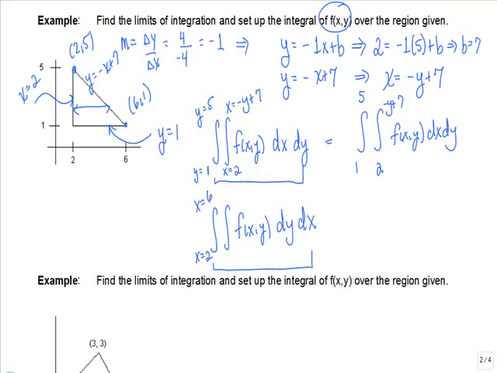And now I do the dy's, I go bottom to top. The bottom is y equals 1. And the top is the diagonal line, and that's y equals negative x plus 7. Again, if I just neaten that up, that'll be 2 to 6, 1 to negative x plus 7, f of x, y, dy dx.